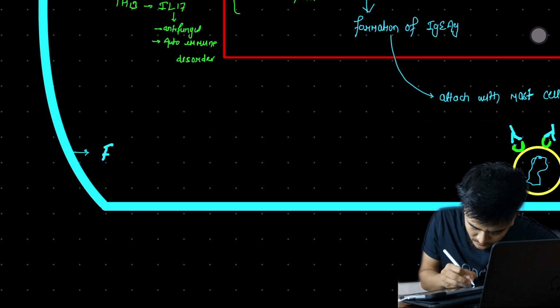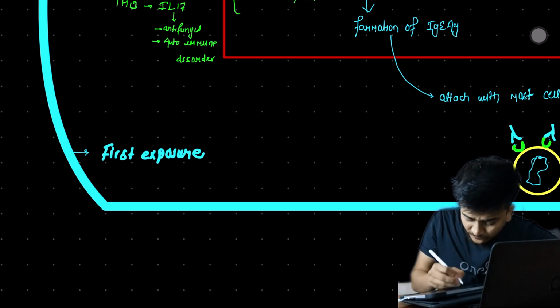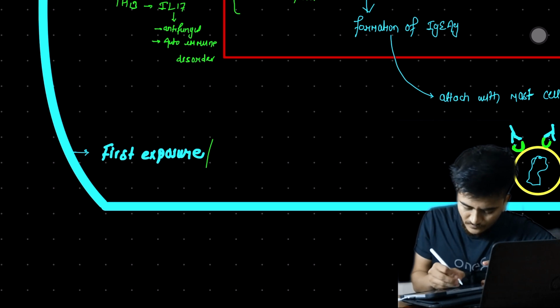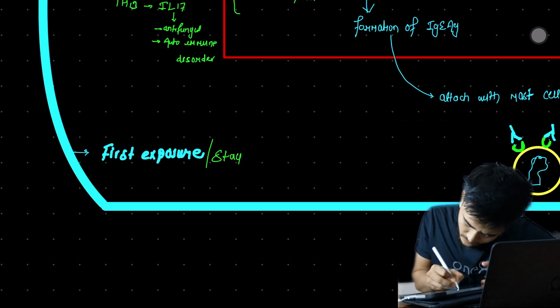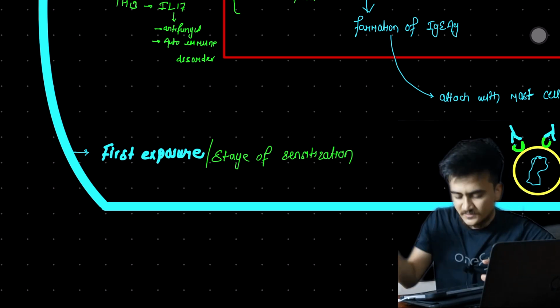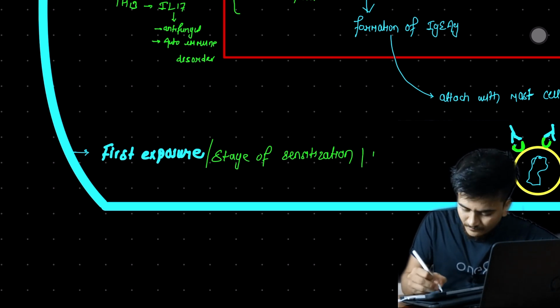There are several names for first exposure. We can say first exposure as stage of sensitization, and it can also be called priming.